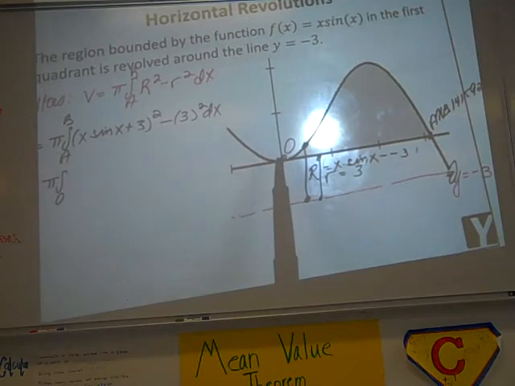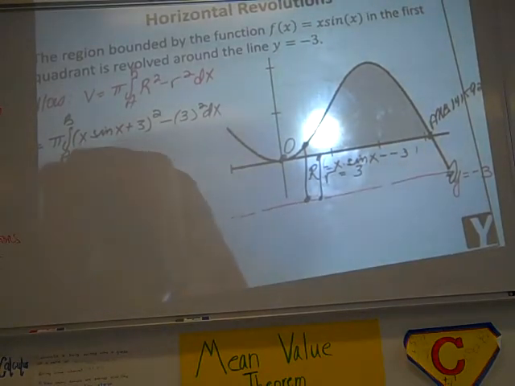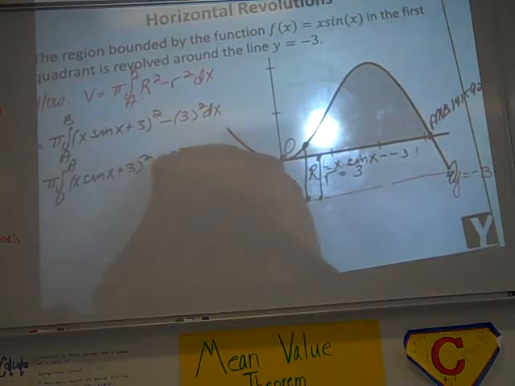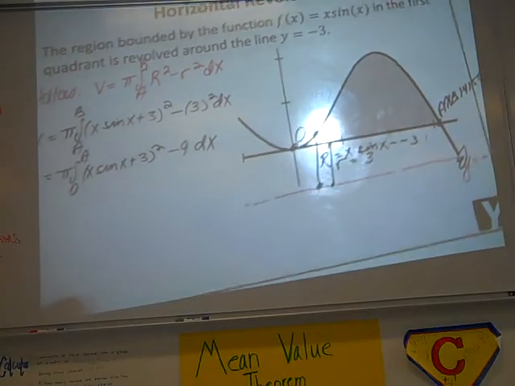Well, I start at 0 and I end at my other variable, A. So 0 to A, x sine of x plus 3 squared minus 9 dx.